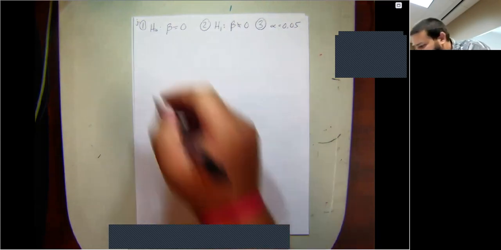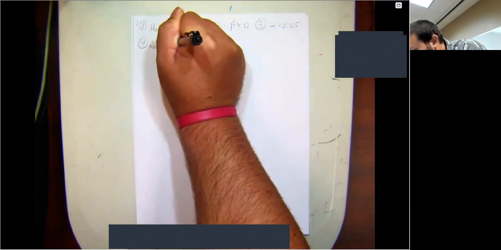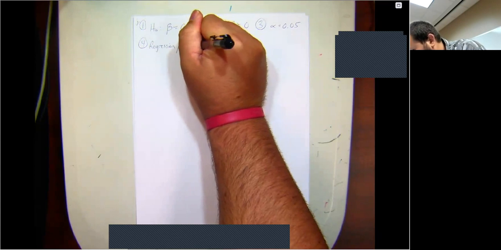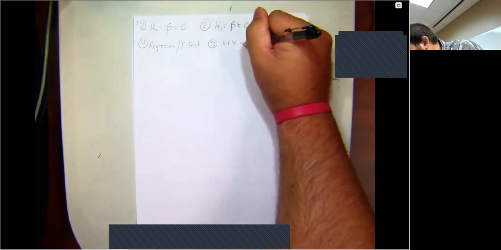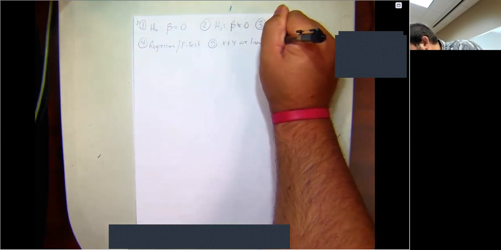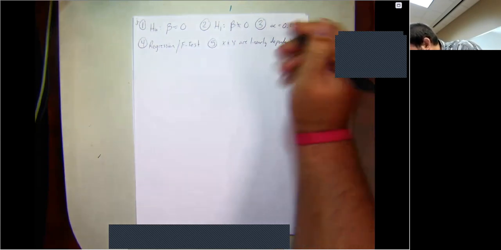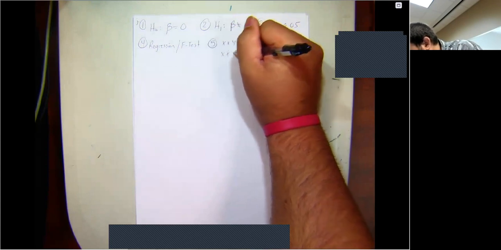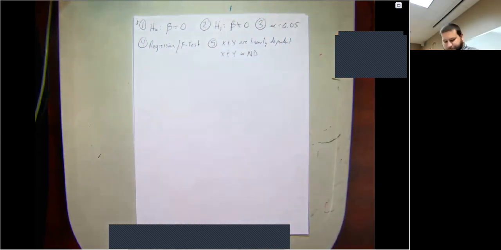Step 4, what kind of test is it? Regression, F-test. Step 5, state the assumptions. X and Y are linearly dependent. X and Y are approximately normally distributed. Okay, step 6.